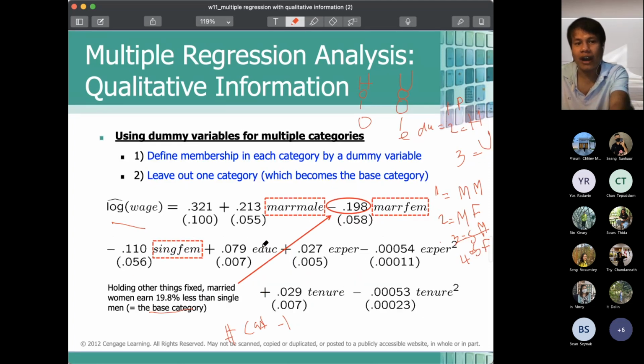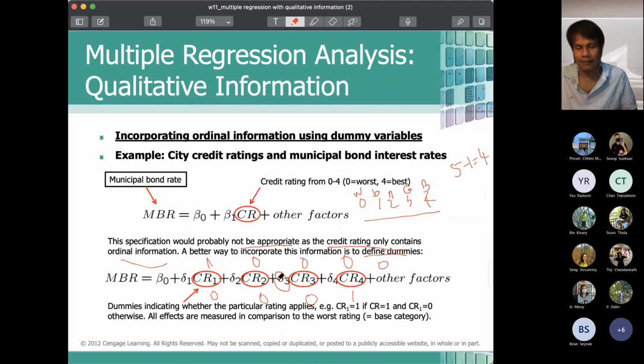And what I mentioned here is the result. I do not include the equation. If we write the equation, it should be delta 1, delta 2, delta 3, all in plus 4, like this. But after we run the equation, we will have some coefficients, then we can know whether each is negative or positive, and how big the coefficient is. Yes, teacher, I got it. Thank you, teacher. Any other questions?